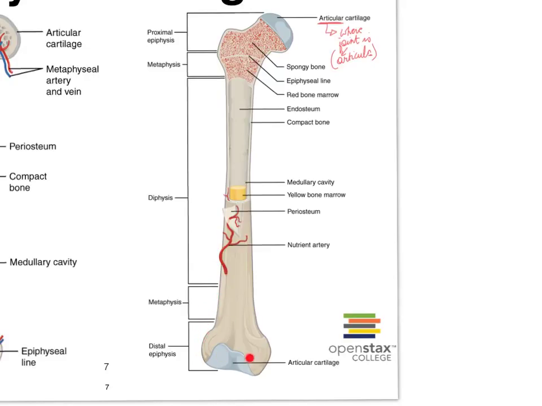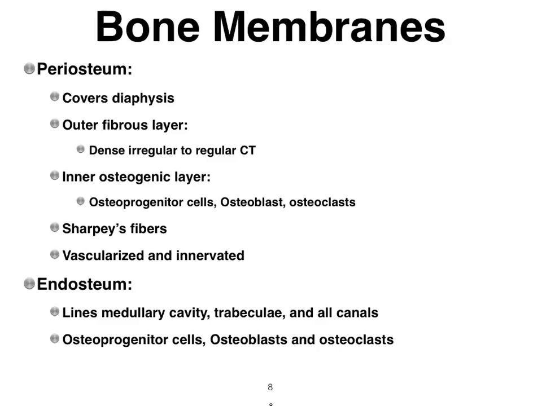It will not cover the articular cartilages though, but the periosteum sits on the outside of the diaphysis. Then lining the medullary cavity and lining all these holes here in the spongy bone tissue, we're going to have another membrane called the endosteum.